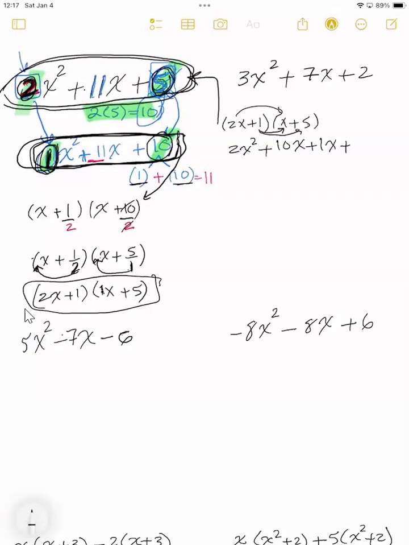Then I multiply 1 by 5. 1 times 5 is 5. And since all the terms are positive, I just get plus signs. Then I look for like terms. 2x to the power 2 doesn't have any like terms. Positive 10x and positive 1x, they're like terms, so I can combine them. I have 10x's and 1x. That gives me 11x's plus 5. So do you see, you get that?